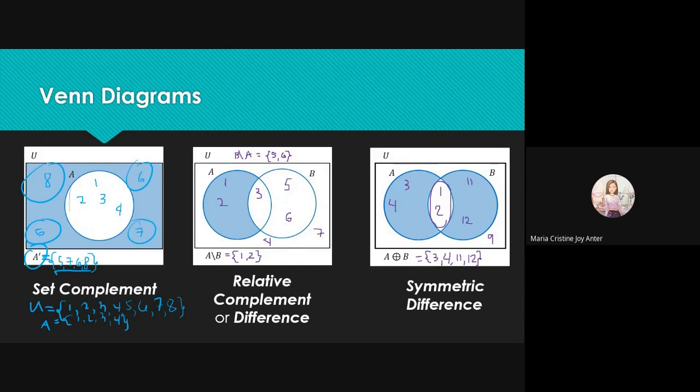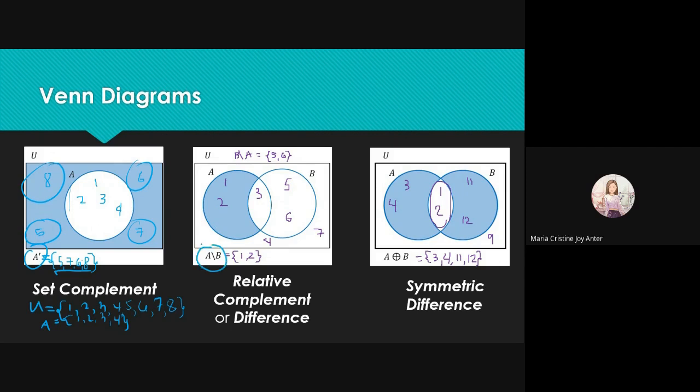So, what else do we need to know? We also have the relative complement, or the difference between two sets. It's like A minus B. For example, how do we express or write the relative complement, or the difference between two sets?